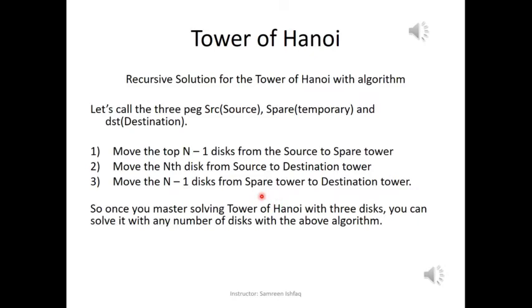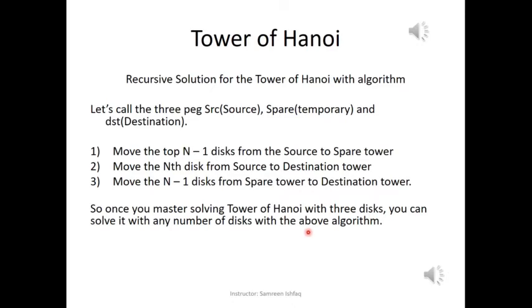So line number 1 and line number 3 will be a recursive call. We're going to break the problem into a smaller form, and then solve that problem recursively. Transferring the top n-1 disks from source to spare tower can again be thought of as a fresh problem and can be solved in the same manner. So once you master solving Tower of Hanoi with 3 disks, you can solve it with any number of disks.